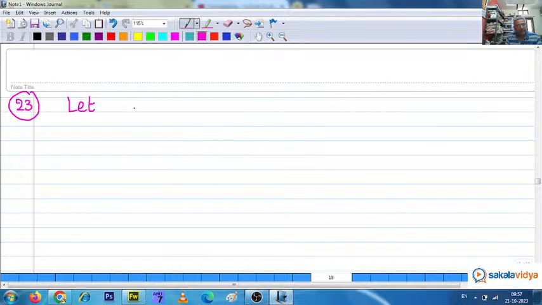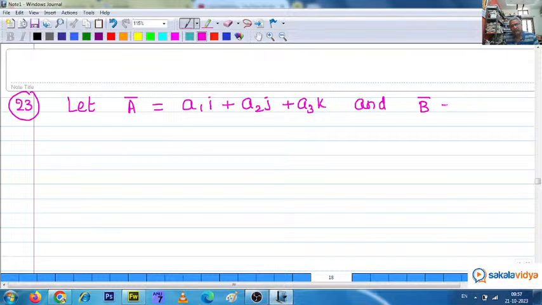Let A bar be equal to A1 i plus A2 j plus A3 k and B bar be equal to B1 i plus B2 j plus B3 k. Then how to find out A cross B? A cross B is a vector. How to find out the vector?